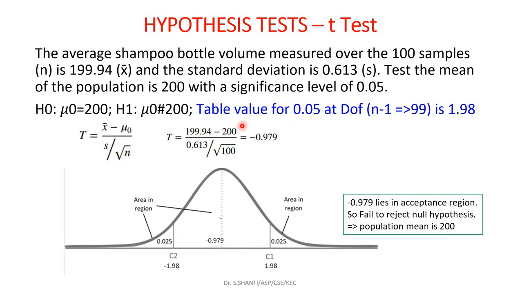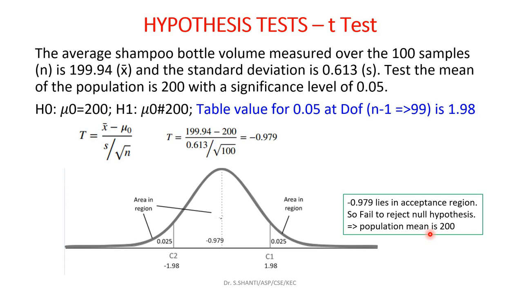The computed value is minus 0.979, which lies in the acceptance region. So we are accepting the null hypothesis, and we conclude that the population mean is 200.